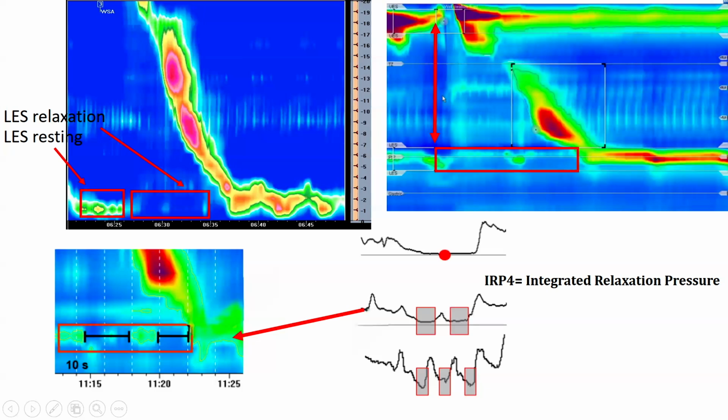Above 20, we start to go either to achalasia if we have the other criteria, which is the pressurization, or to outflow obstruction. So the IRP is one of the criteria for achalasia or for outflow obstruction.